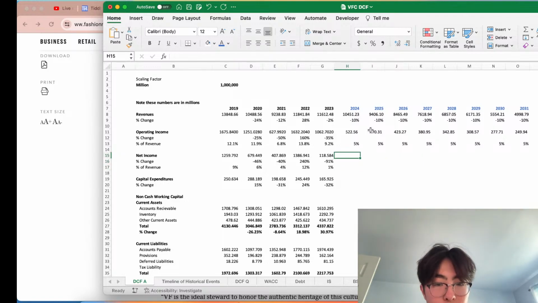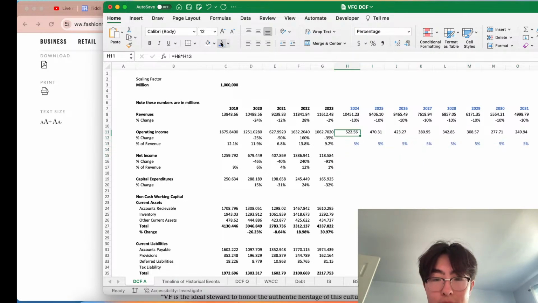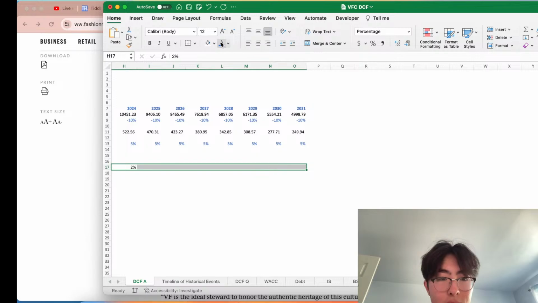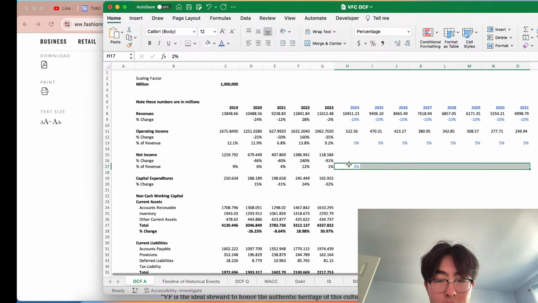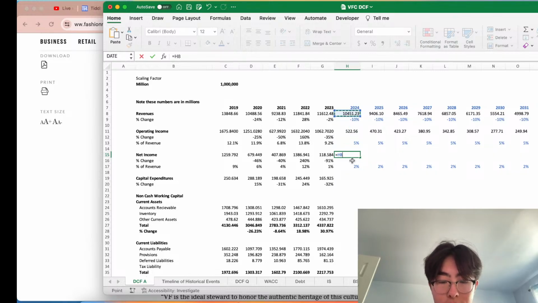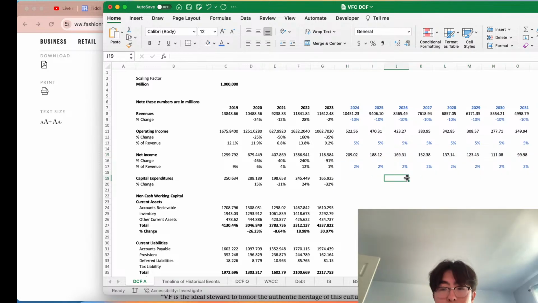Okay, let's just say 2%. We're gonna go conservative here. So these are going to be our estimates. Percent. We have times. Oh, this, right.